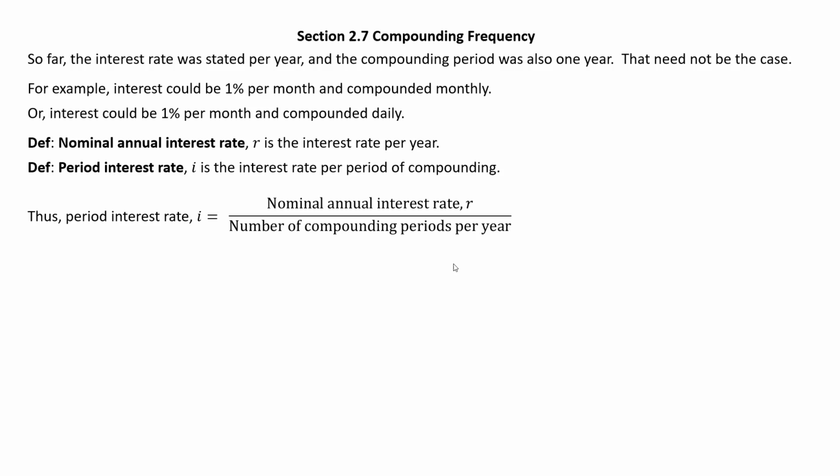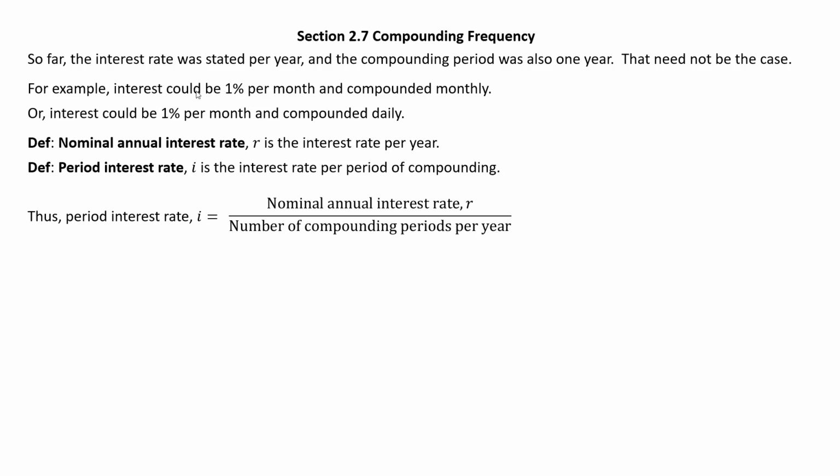Now, earlier when I looked at this, interest could be 1% per month, I said you could state this 1% per month as 12% per year, right? So this 1% per month is the period interest rate I, because it is compounded monthly.